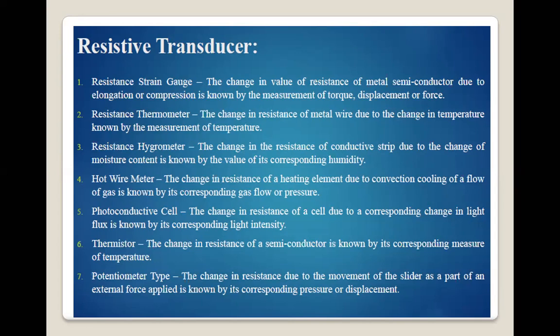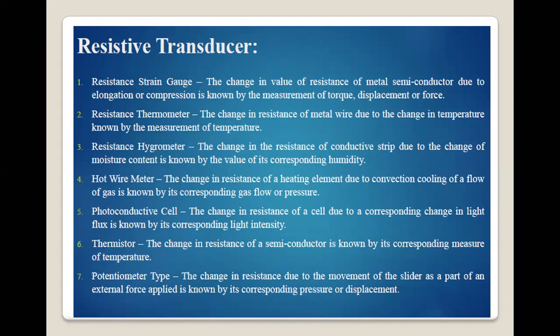If the temperature changes, the resistance changes, and correspondingly the output signal changes. Now, the third application of the resistive transducer is the resistance hygrometer. The change in the resistance of a conductive strip due to a change in moisture content corresponds to the change in humidity. So even a change in humidity can be measured using the resistive type of transducer.